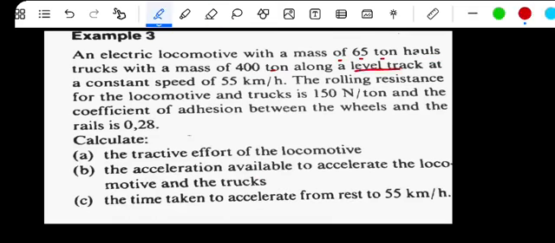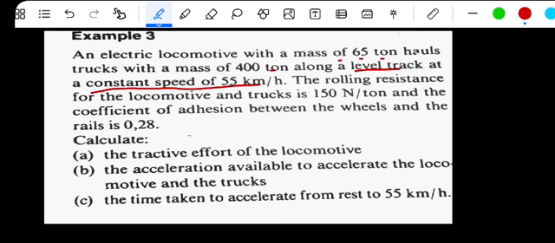This is a level track, at a constant speed. So here you can calculate the power, because of the constant speed, if they want you to. They did not ask us to calculate it, so let us not calculate it.